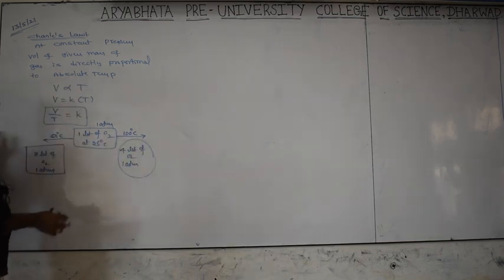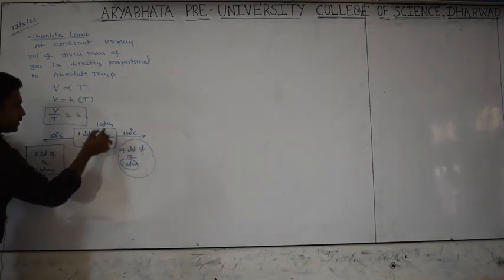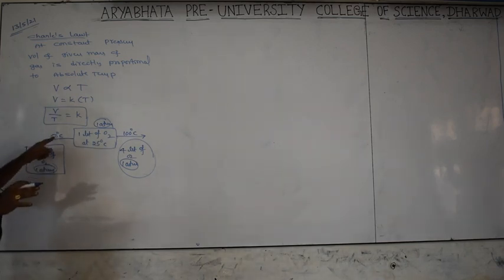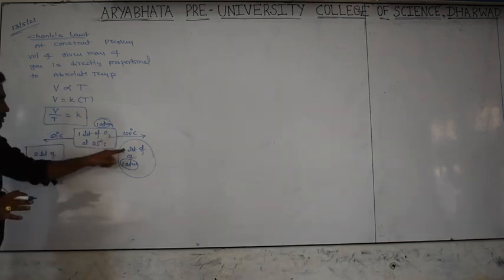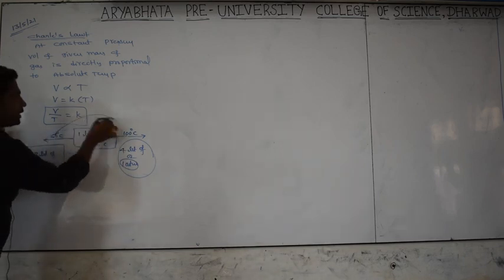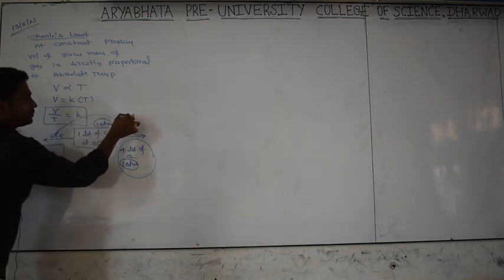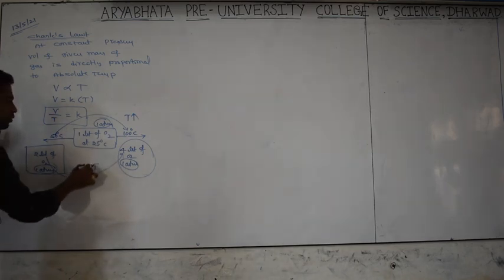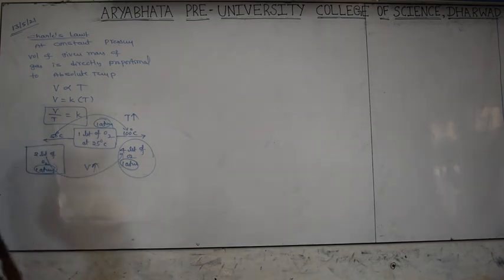Here the pressure is maintained constant. So 50 degrees gives 2 liters, 100 degrees gives 4 liters. Temperature is rising, so the volume of the gas is also rising. So at a constant pressure, the volume of a given mass of a gas is directly proportional to absolute temperature.